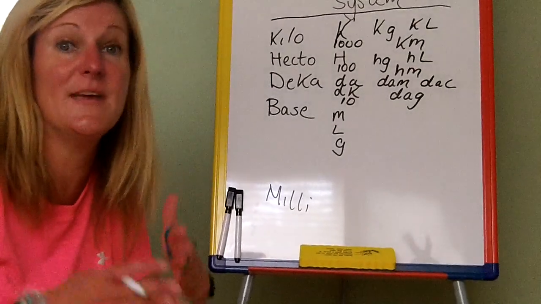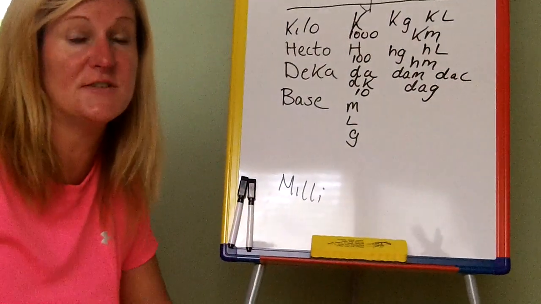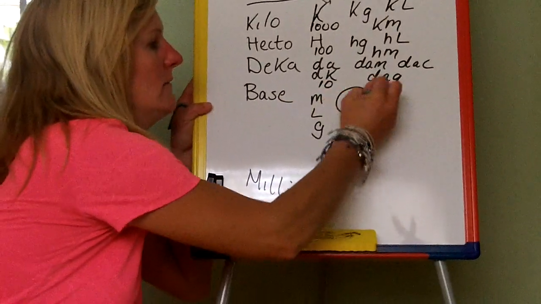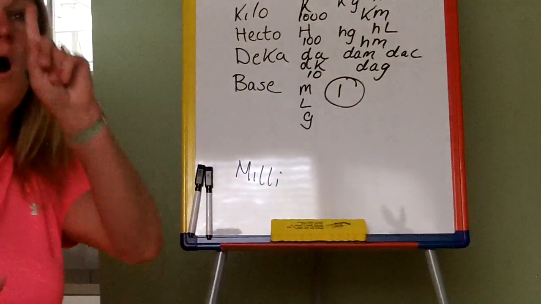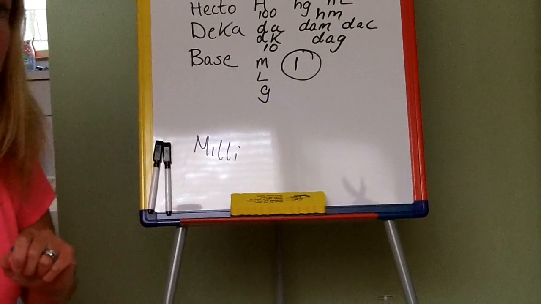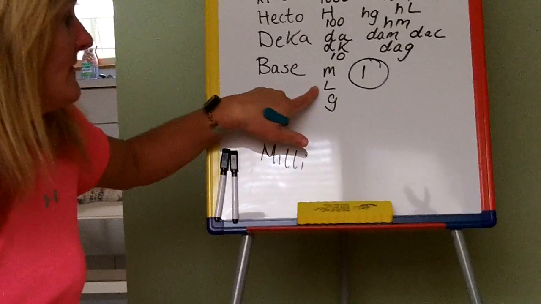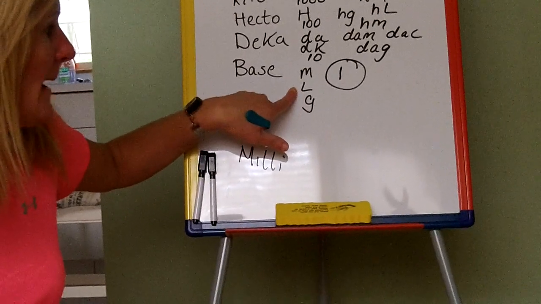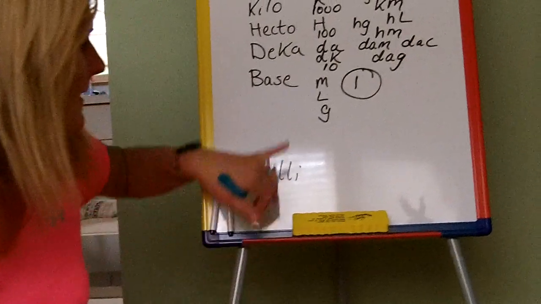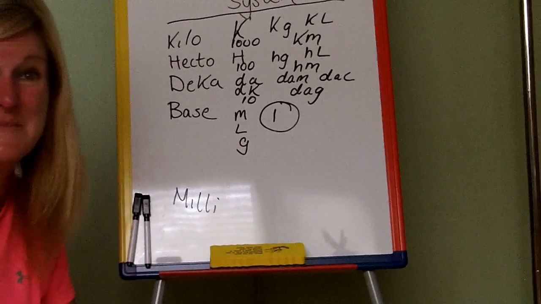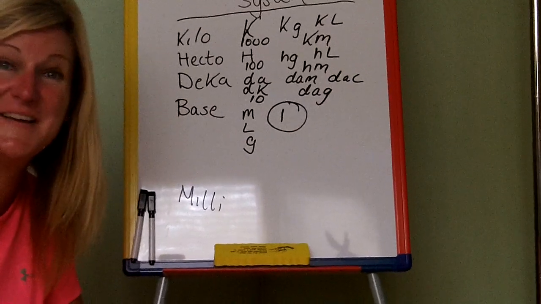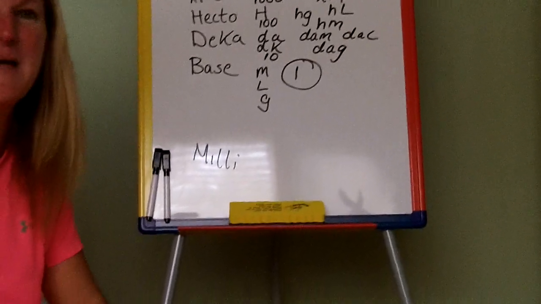It will say something in kilometers because they're using the metric system. This is a base of 1. So all of these can stand for one, such as 1 meter stick that some of you probably have seen. You probably have seen a 1 liter bottle, like pop or some sort of liquid. And then 1 gram. 1 gram is about the mass of a, what is it, Rory? Paper clip. A paper clip.